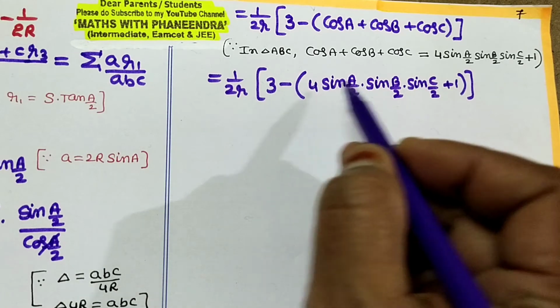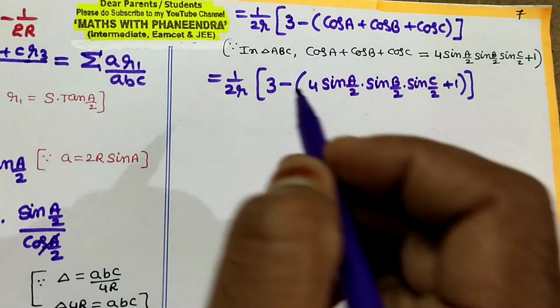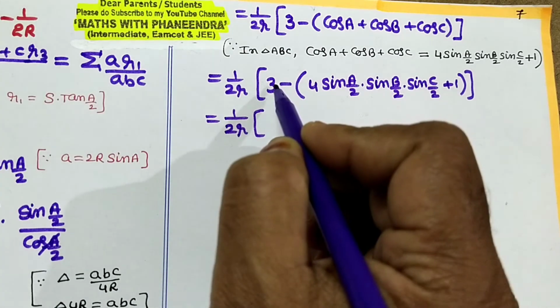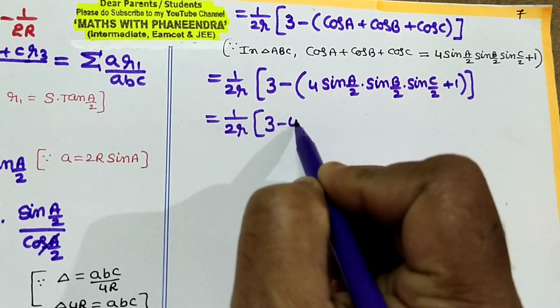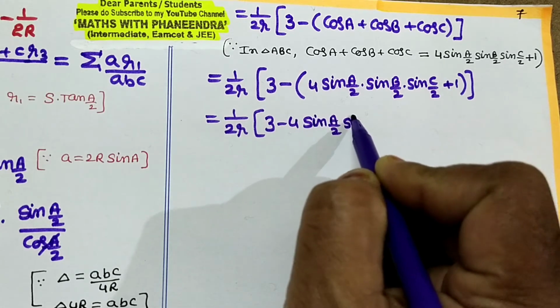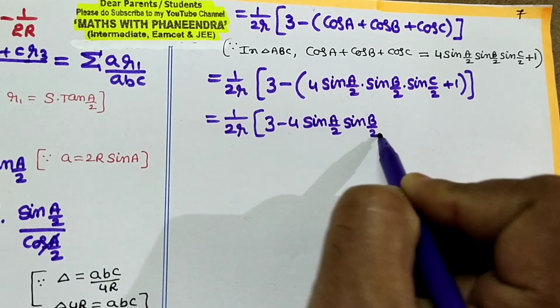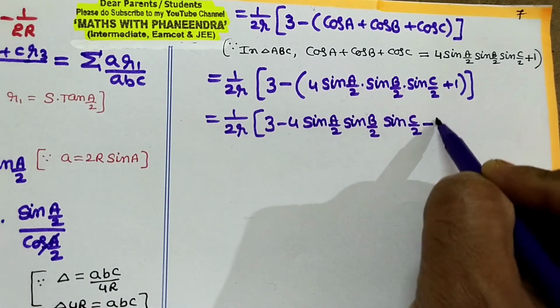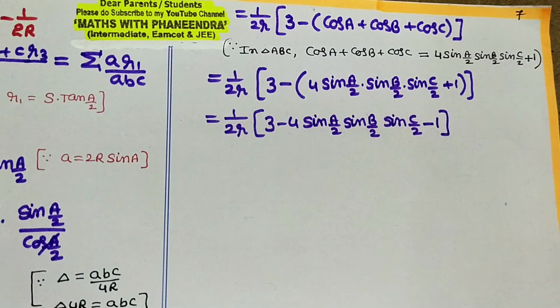Each and every term is multiplied by minus, so it becomes 1 by 2r, 3 minus 4 sin A by 2, sin B by 2, sin C by 2, minus 1. So now 3 minus 1 is 2.